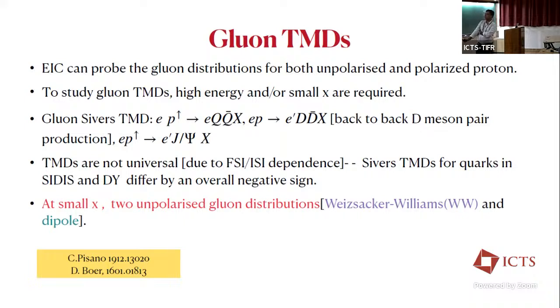On top of that, for gluons you have Wilson lines connecting two different points in the correlator. So even for the unpolarized gluon distribution, you have two different definitions depending on whether the helicity is flipped or not. These are the Weizsacker-Williams and dipole distributions. You can see the different processes and all these things in these papers.